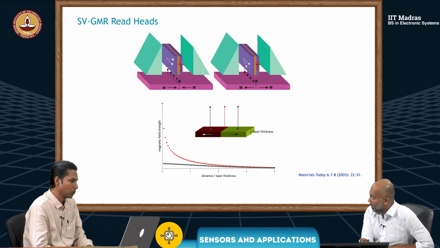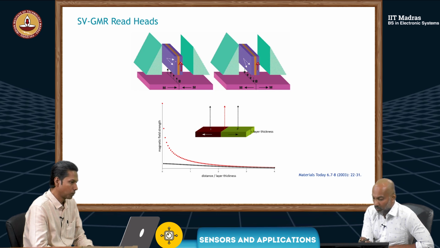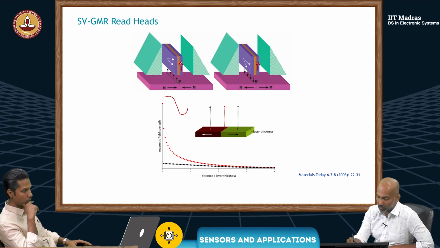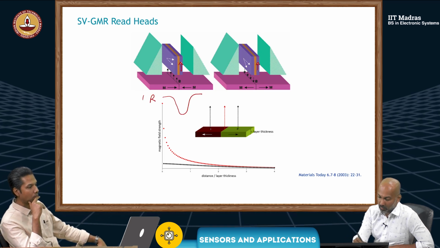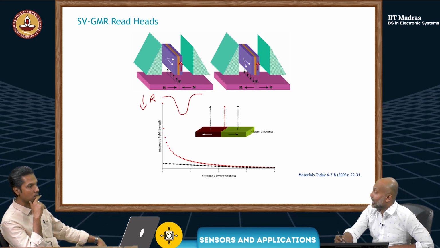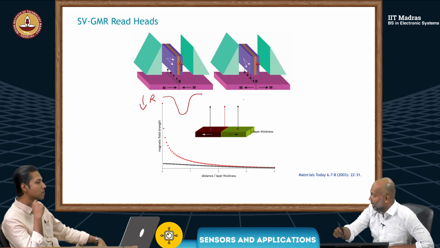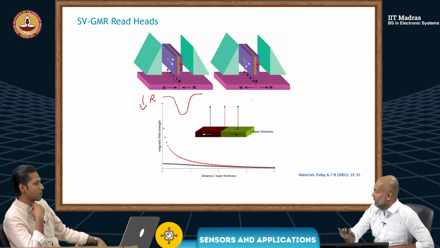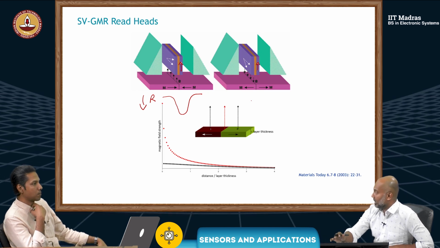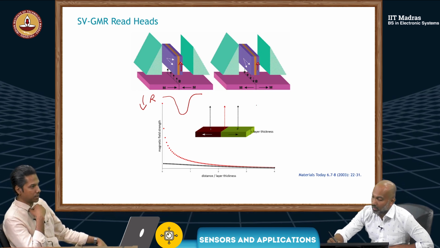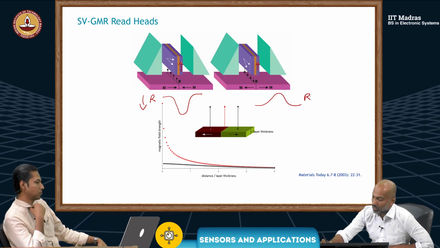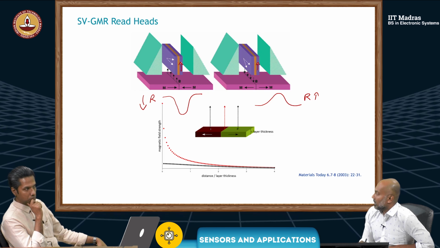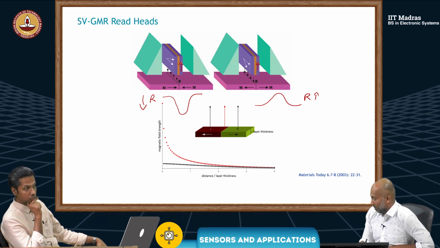This will push it up, so that it will eventually become parallel. So you'll see a resistance drop there. Similarly here, if you have the field down, this free layer will go down, then it will be in an anti-parallel orientation. High resistance, right? So this is how spin valves are used to read the magnetic storage medium data.